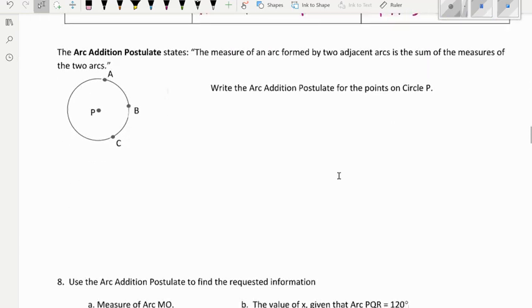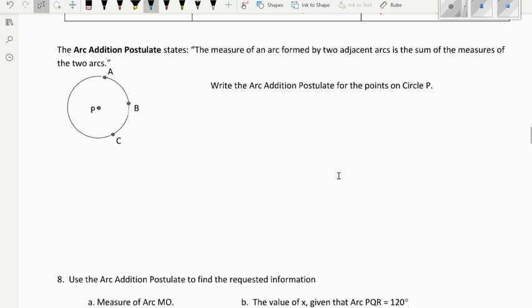So let's go to the next part. The next one is the arc addition postulate. This states that the measure of an arc formed by two adjacent arcs is the sum of the measures of the two arcs. So we're going to write the postulates for the points on circle P. So that would be arc AB plus arc BC is equal to arc AC.